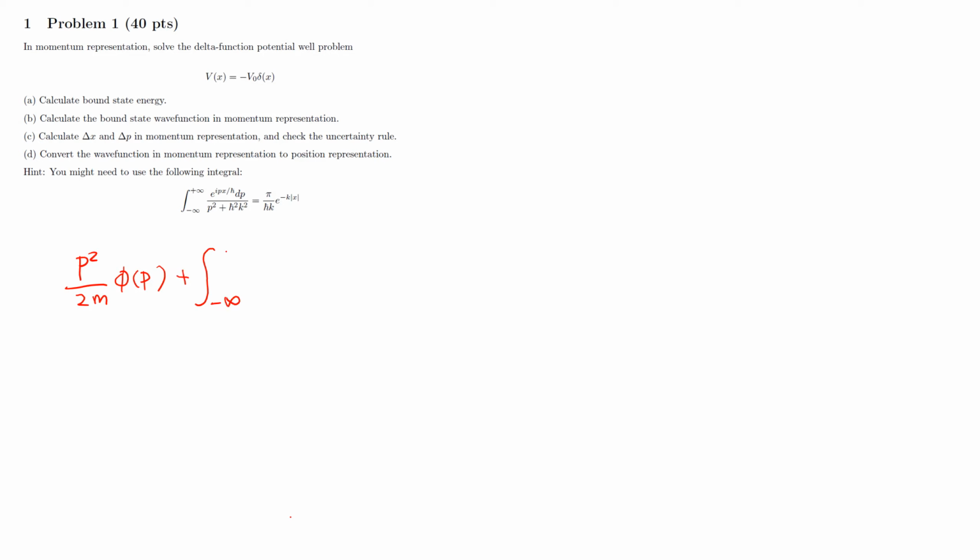You can just copy and paste these from the lecture notes. We represent the potential in momentum using P. So there's no X in these equations, because X is no longer a valid dynamical variable. So we are starting from here.